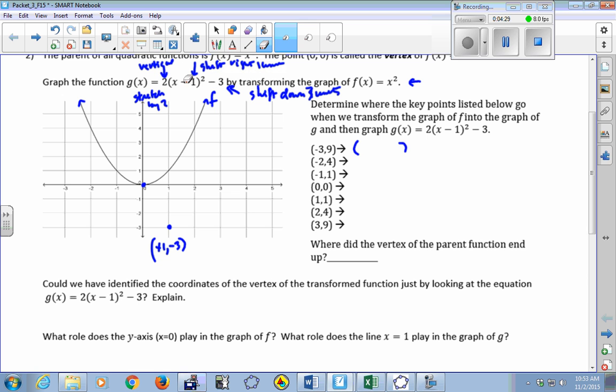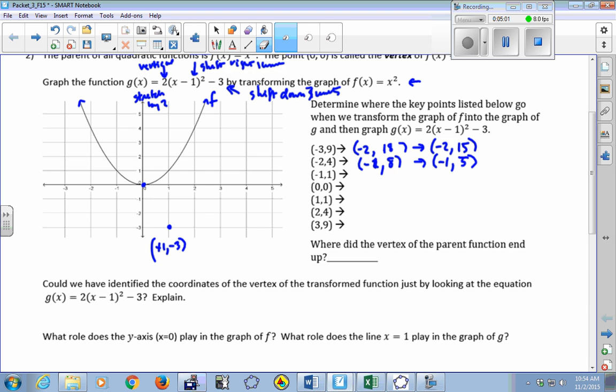I'm going to shift my x value to the right 1, so it increases by 1, and this becomes negative 2, 18. Then my final step is to drop all my y values by 3, shift down. So this is my 1 point. If we do that with all of these points, we're going to have negative 2, negative 1. I move it to the right after I double it, and then drop it down. So there's my very first point, down 3.